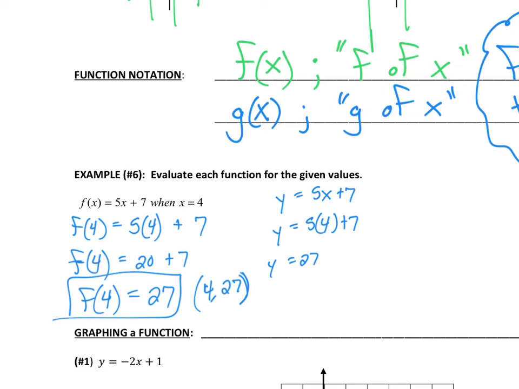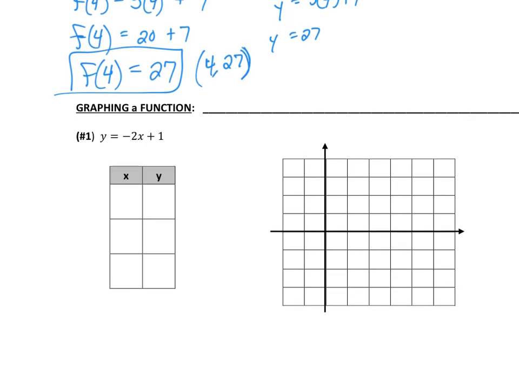Okay, graphing a function. So what we're going to do when we graph a function is solve for y, then make a table. Okay, so number one, we have y by itself.